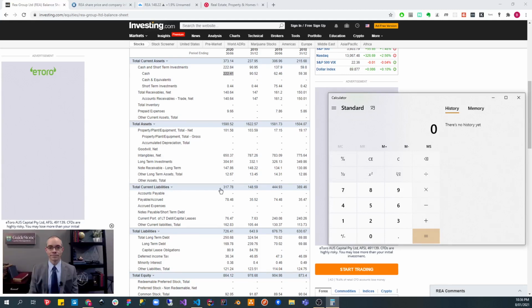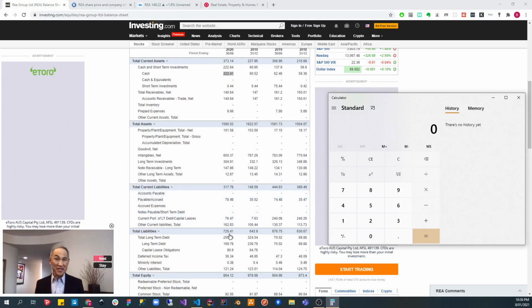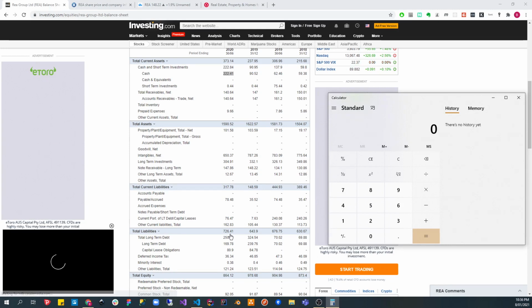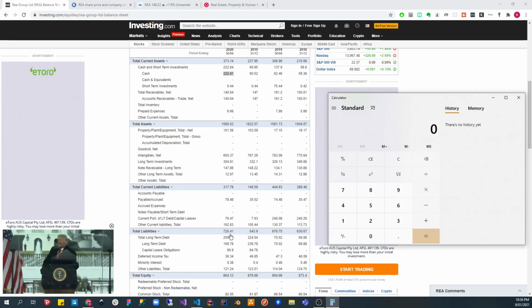You want the company to have enough cash to cover those short-term debts. So that's not looking good. But in the very extreme cases, I don't think it's very likely that the creditors all come at once and say, we want our money.